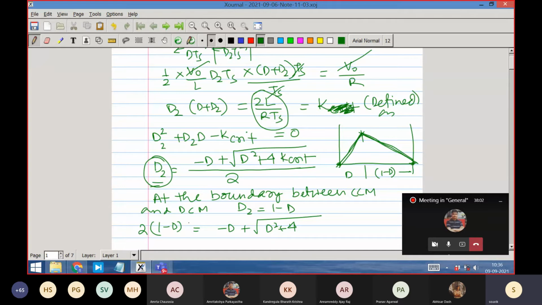So at the boundary between CCM and DCM, K is equal to K critical. That is the critical point. So this is 4K by K crit.